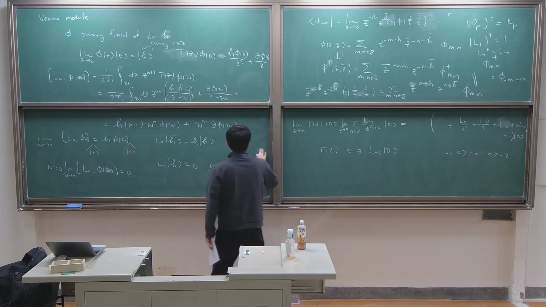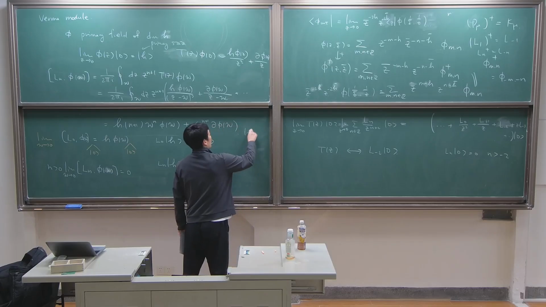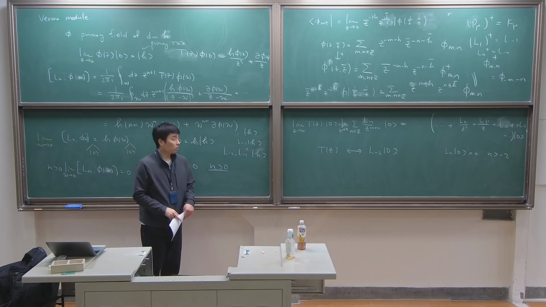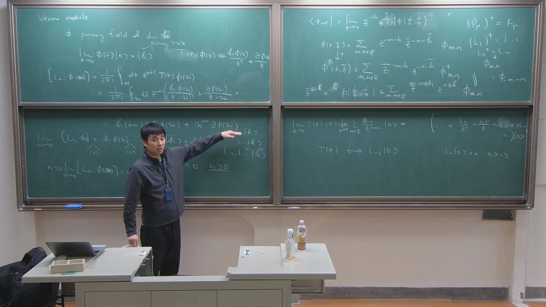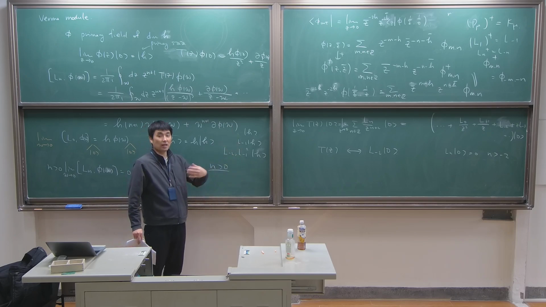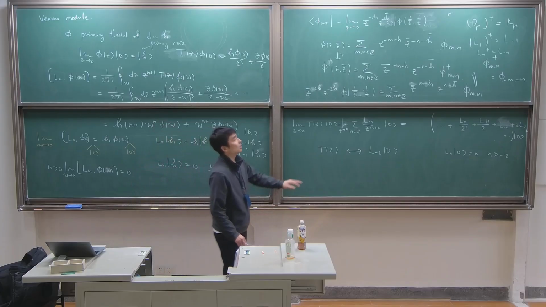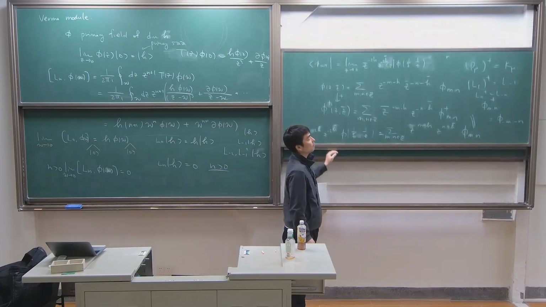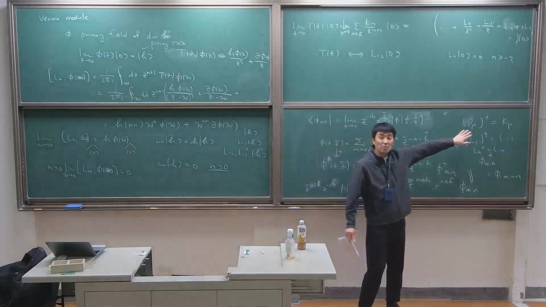Fine. So therefore, what's happening is that you start with h, and you apply L minus 1, or L minus 2, acting on h. So this is called level. This is level 0, level 1, level 2, and so on. These are descendants, for the same reason as before. In general, it can only act with P mu.